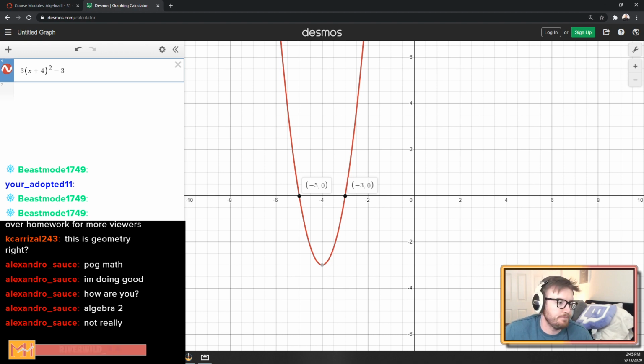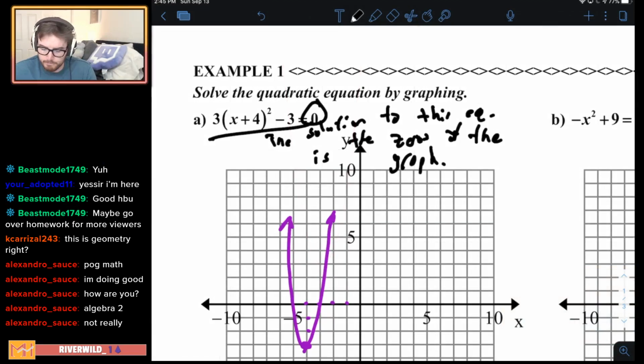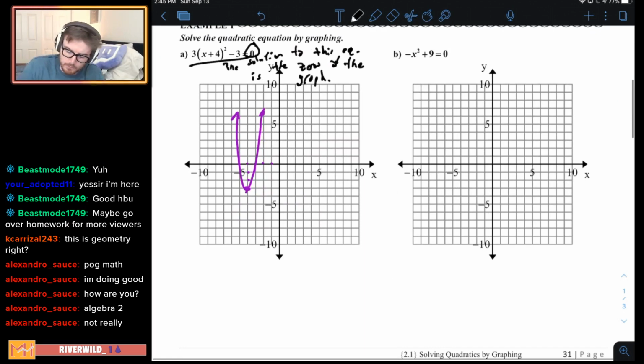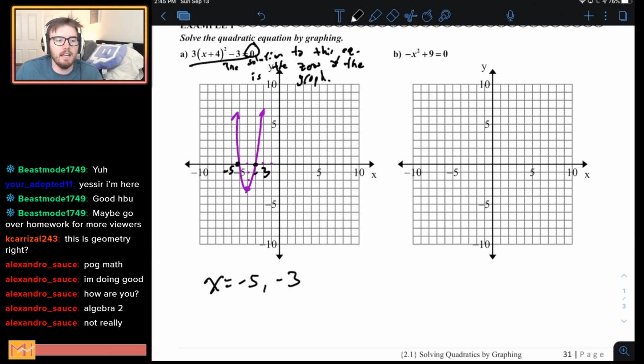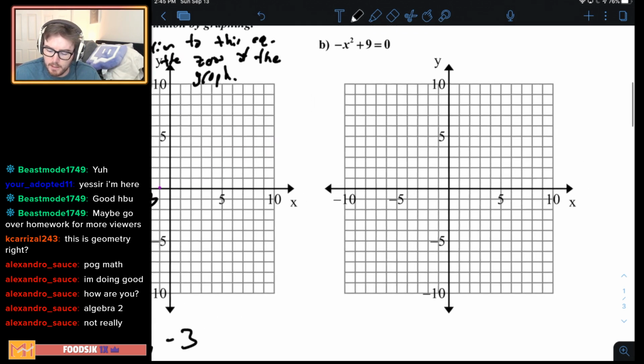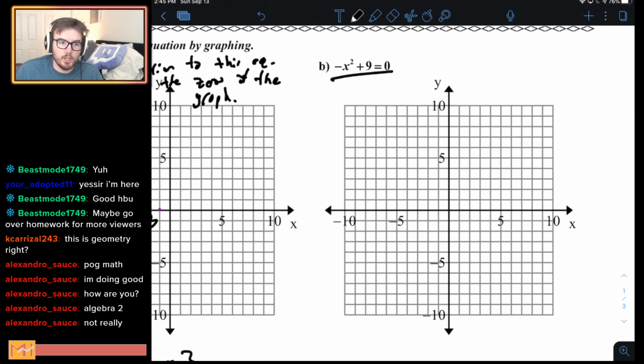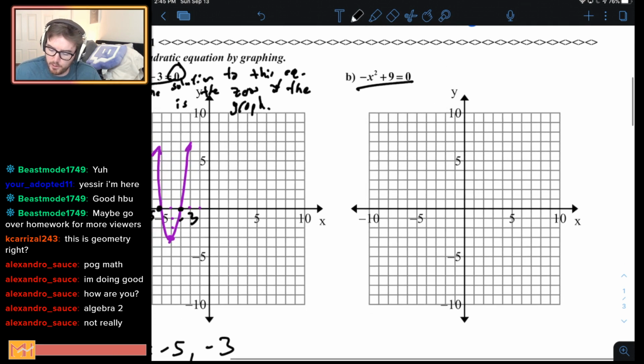It's that easy. The solutions are -5 and -3. So plot this graph. Wherever the zeros are, those 2 points are your solution.